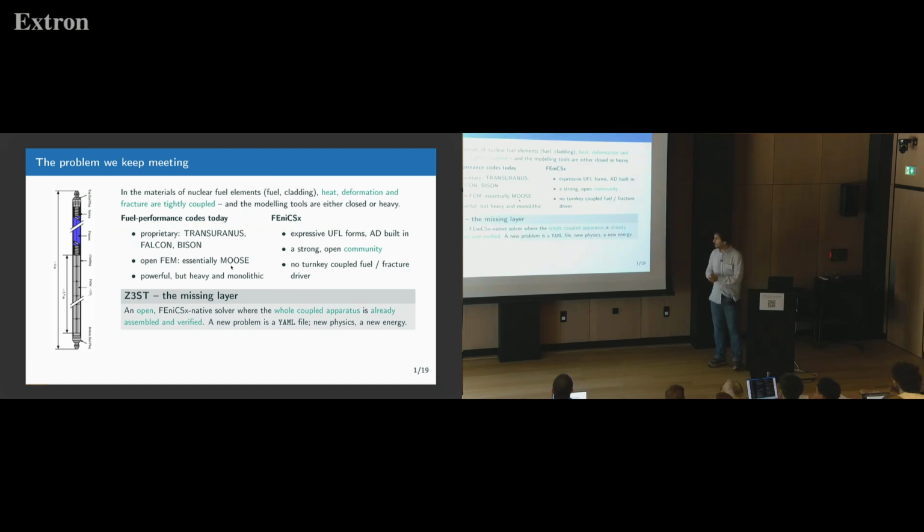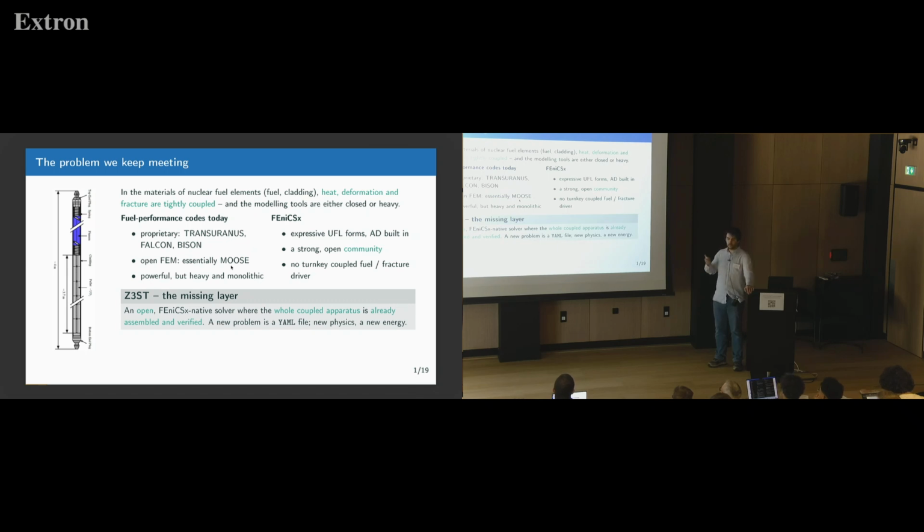So I wanted to give you just a quick idea of what I study. Essentially, I mainly study the behavior of nuclear fuel elements. So essentially, nuclear materials, and with usually tough material properties that change a lot because of the neutron irradiation.